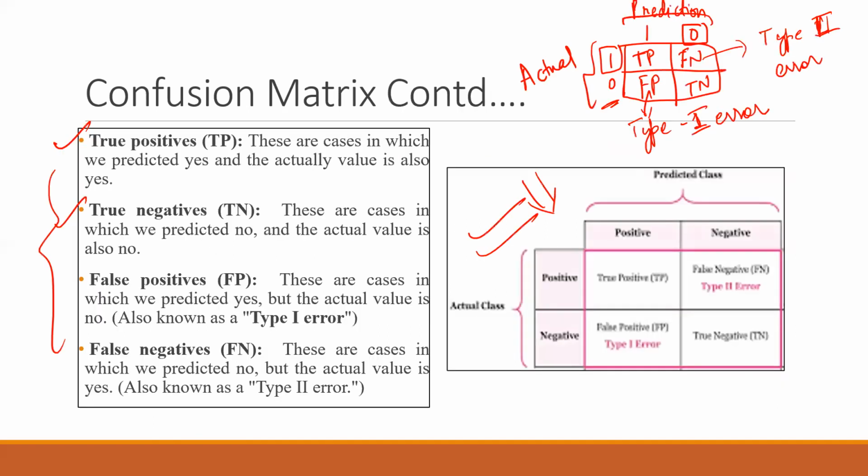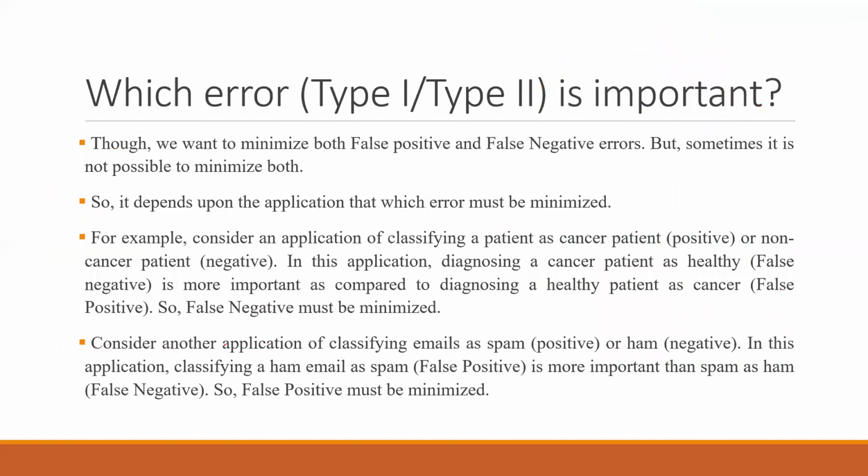So these are the four things that will be used in the rest of the evaluation metrics also. If these four things are clear, then you can solve the other evaluation metrics also, because I will show you one example. So first, let's go through this type 1 and type 2 error, and then I will quote an example to you.